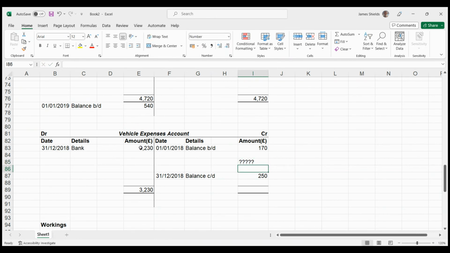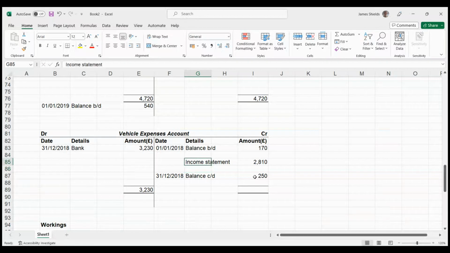So the debit side, we started with £3,230. We're going to take away £170 related to last year, then take away the amount that relates to next year, £250, and that'll be my figure in there. So it's going to be £3,230, take away £170, and take away £250. I get £2,810. Now that'll be the amount which goes in the income statement.